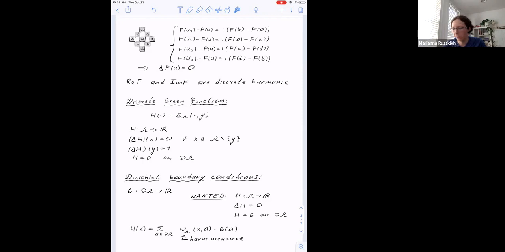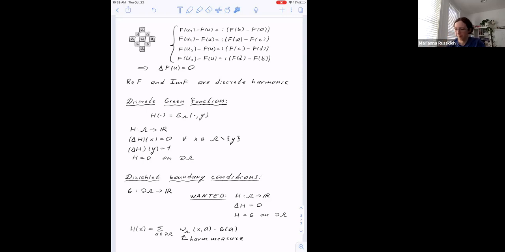So in other words, both the real part and the imaginary part of a discrete holomorphic function are discrete harmonic, which is actually a good sign, because we know that for a continuous holomorphic function, its real and imaginary parts are both harmonic.